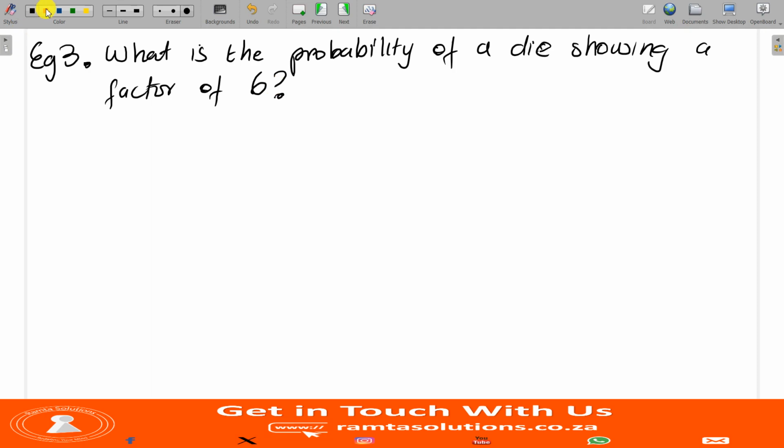To answer this question, our sample space again, what is it? A die has 1, 2, 3, 4, 5, 6, right? Whenever you roll a die, you can get any of these. Now, how many are there in total? You have 6 that you can get.